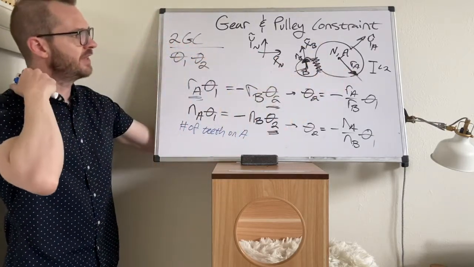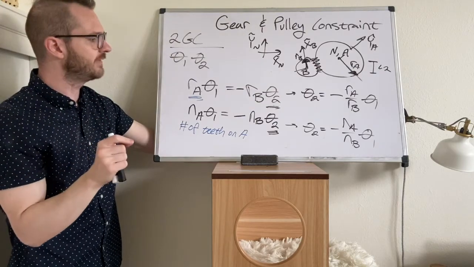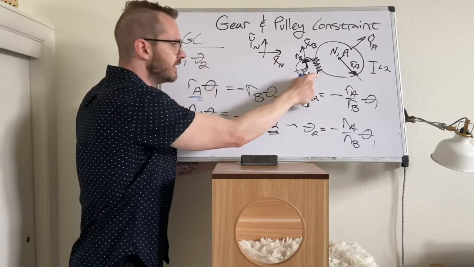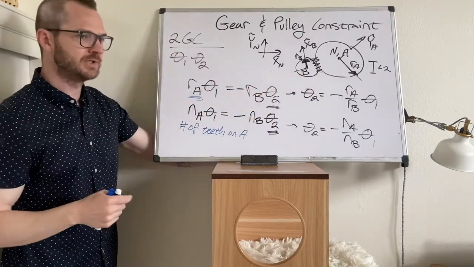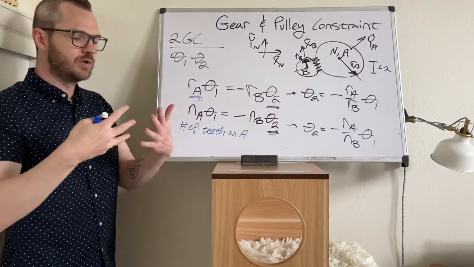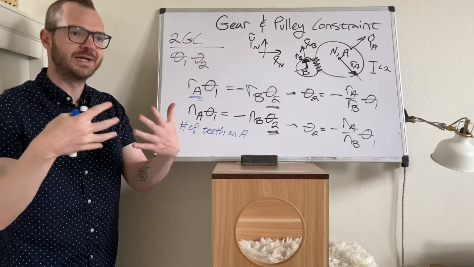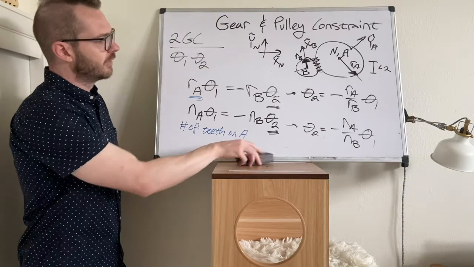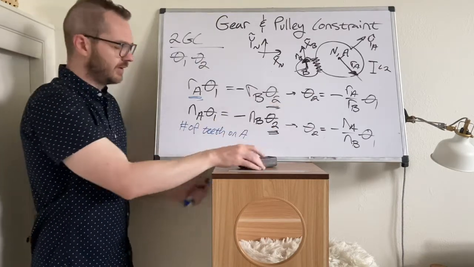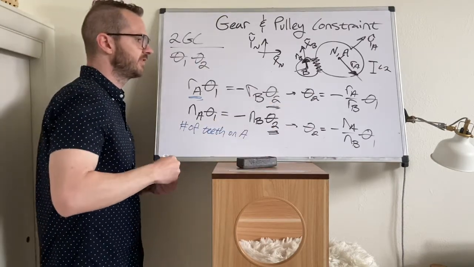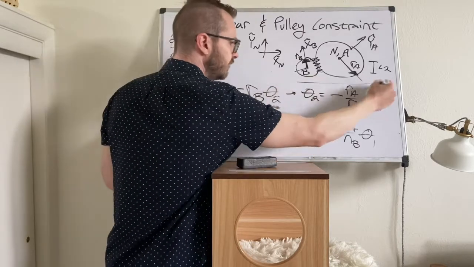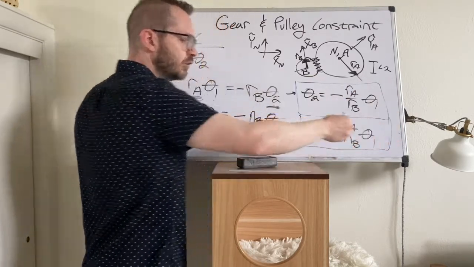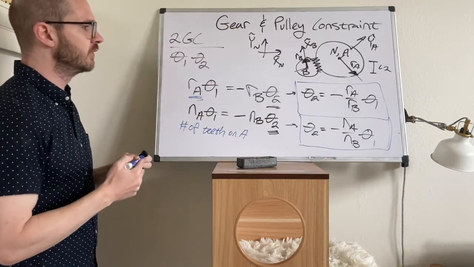And that number, however many teeth per distance, it actually has to be exactly the same for these two gears in order to properly mesh. If that number is not the same, when you attempt to put the gears together, the teeth are going to hit and they're not going to be able to mesh correctly. So either of these equations is acceptable for your constraint. I do not need or want both of them. So you pick which one you would like to use.